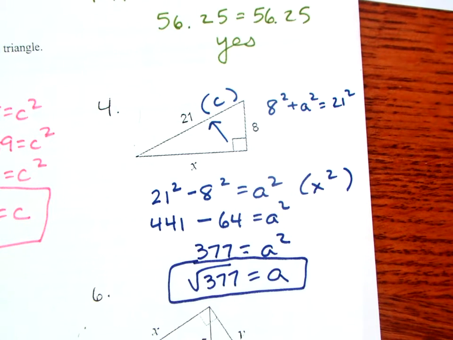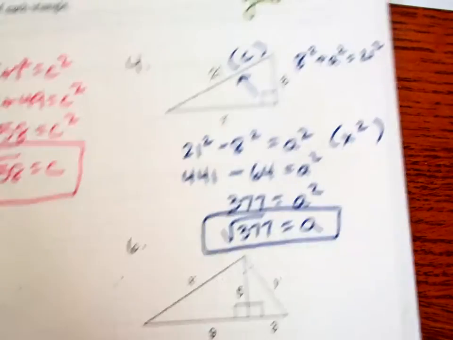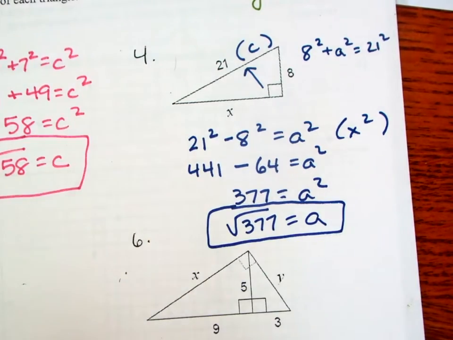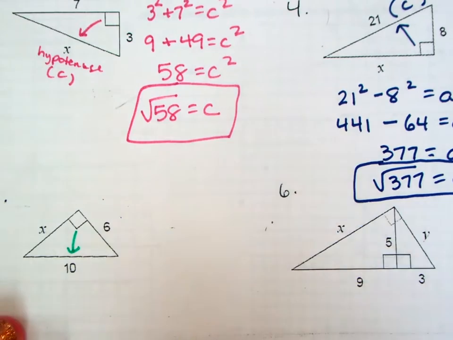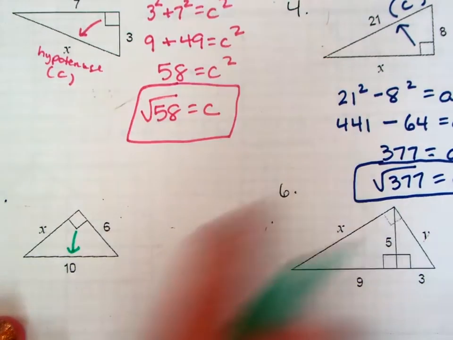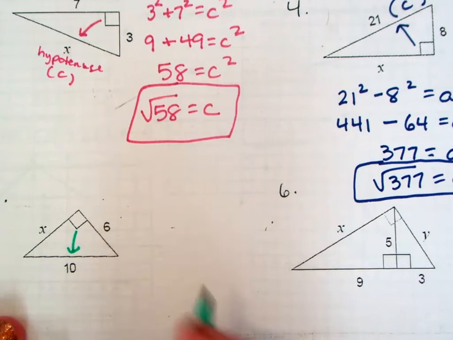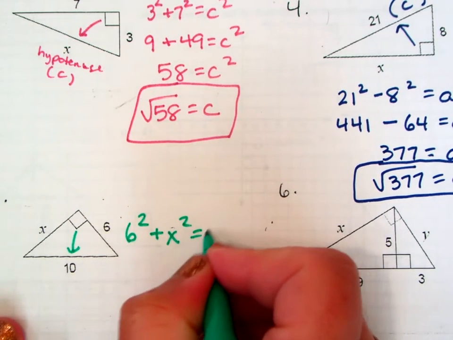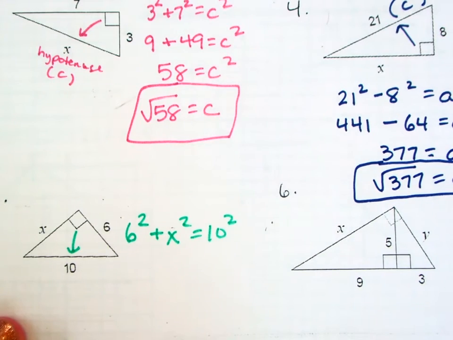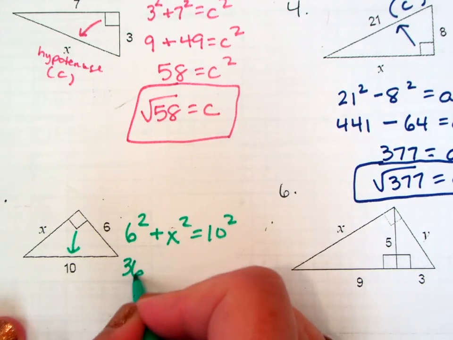Okay, now this next one, we again have the hypotenuse, because we have the number across from the right angle. So I'll do this one the opposite way of the way I did the last one. So I'll go ahead and do 6 squared plus, in this case, X squared equals 10 squared. Set it up that way. 6 squared is 36.